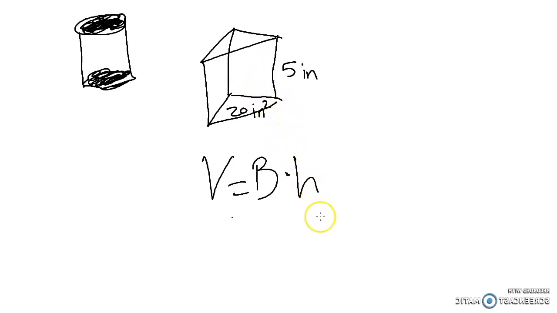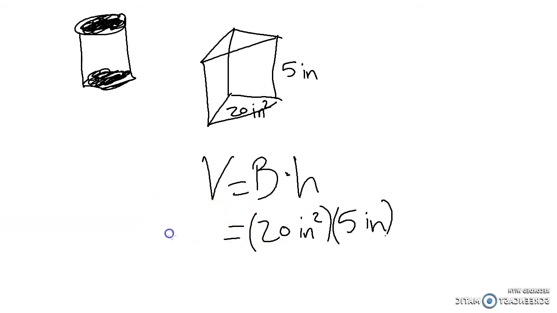The volume is just going to be the area of the base, 20 square inches, and the height is going to be 5 inches. Now if we multiply these together, we have 20 times 5. 20 times 5 is going to be 100.